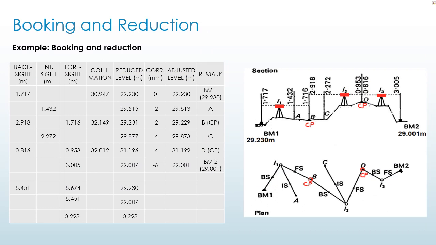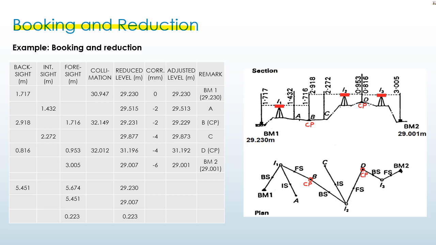Congratulations, we have now finished the booking and reduction process for a leveling run. Basically the process is: booking, which means you write all of the readings from the leveling run into the booking sheet, writing down the backsight, intersight, and foresight reading for each point.